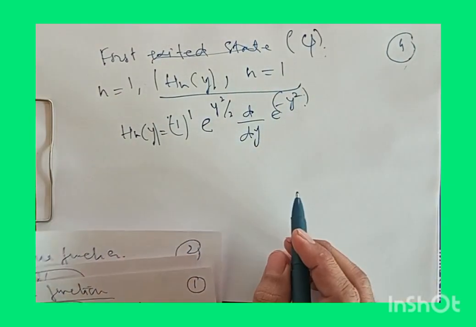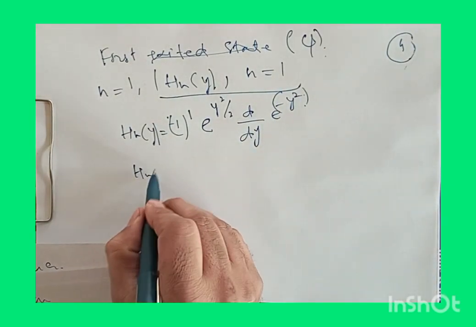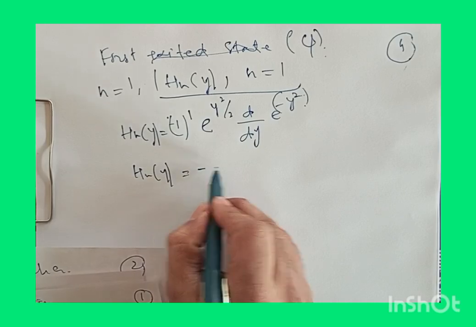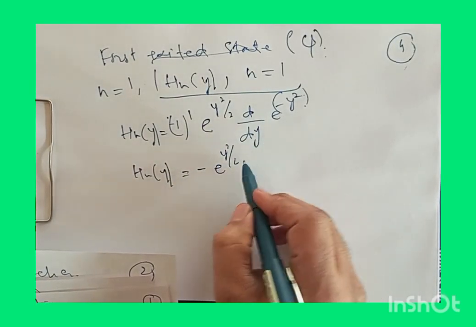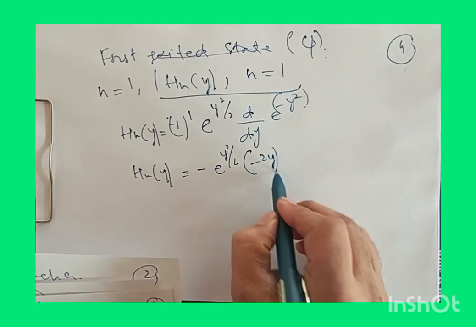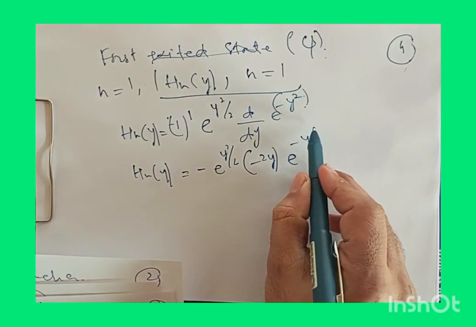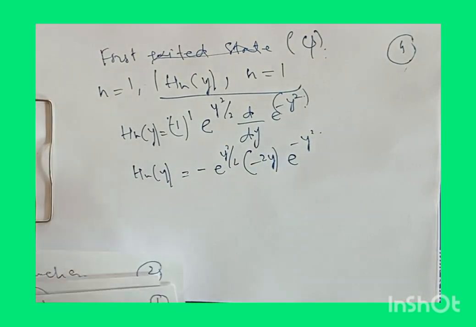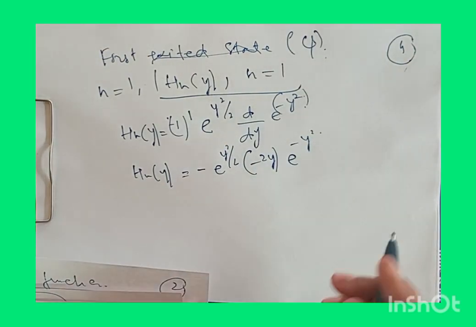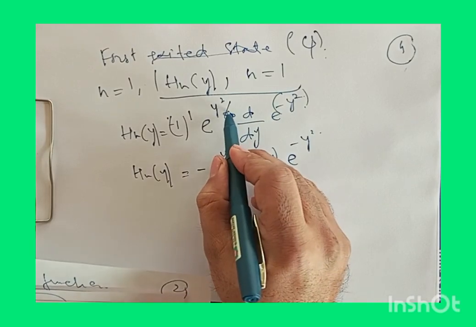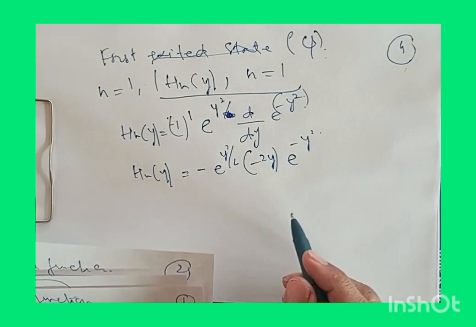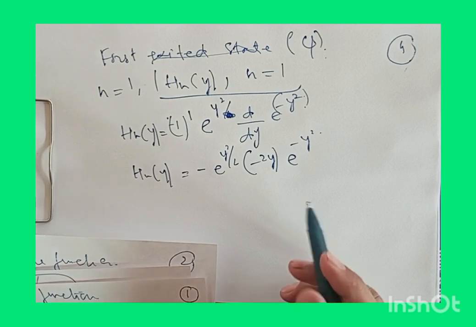So Hn of y will be minus times e to the power of y squared by 2, and the derivative of this will be minus 2y times e to the power of minus y square. That should be the case. Here we have e to the power of y squared.